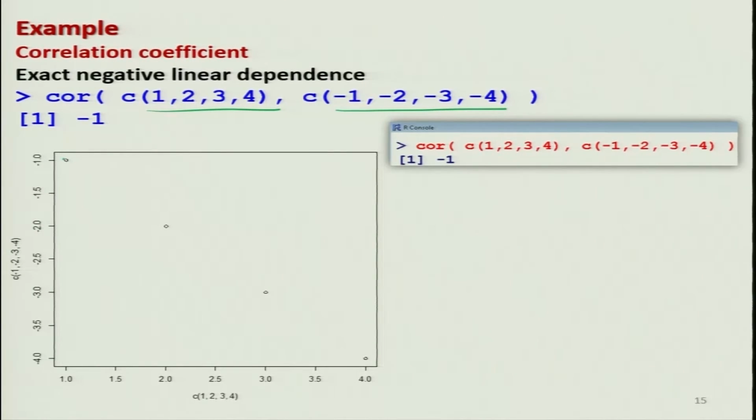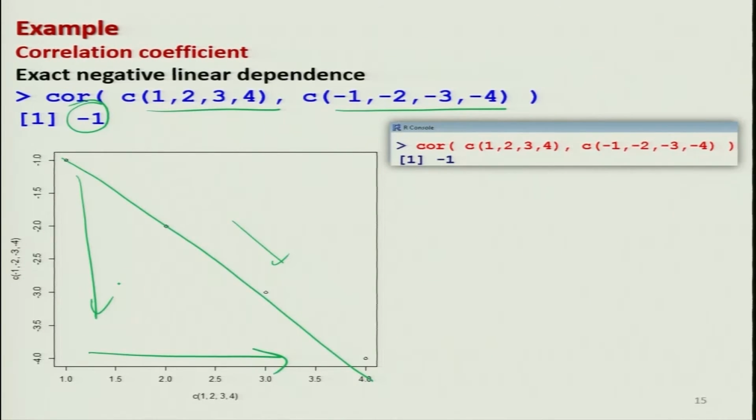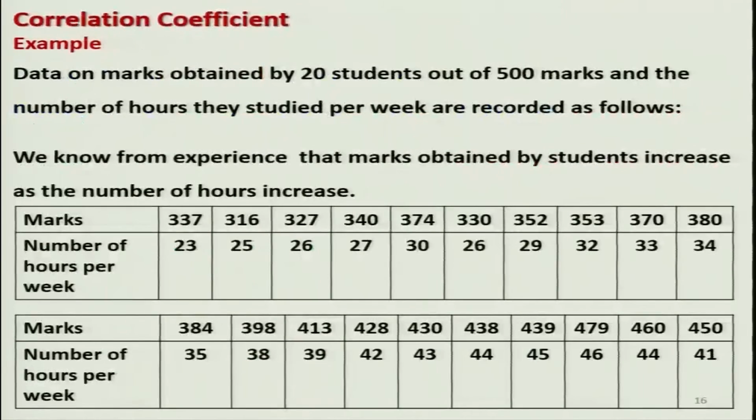You can see these points lie on a decreasing line, and the correlation coefficient between these two data vectors comes out to be -1. So the trend is that as the values of x increase, the values of y decrease. This is what I meant by a perfect negative linear relationship.